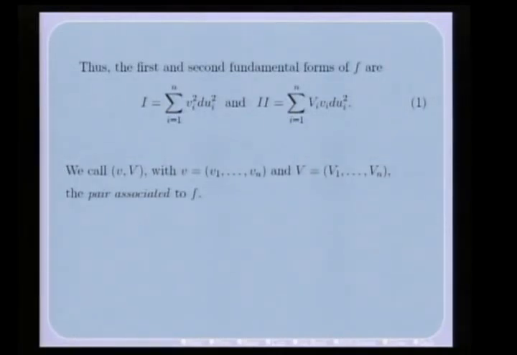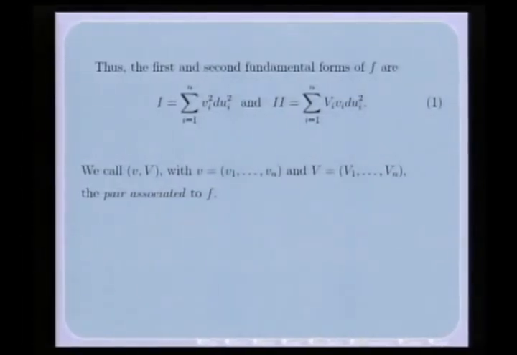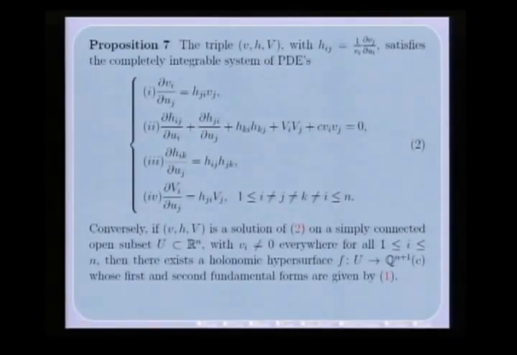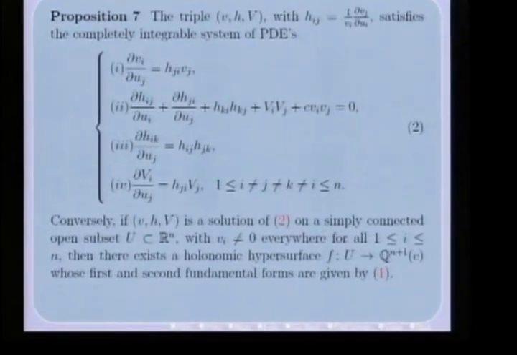It's usual to call this pair the associated pair of the hypersurface. And in terms of them, one has this way of expressing the Gauss and Codazzi equations of the hypersurface. And then one can show, from the fundamental theorem of hypersurfaces, that once you have a solution of this system of nonlinear PDEs, you can produce a holonomic hypersurface having those functions as associated pair.